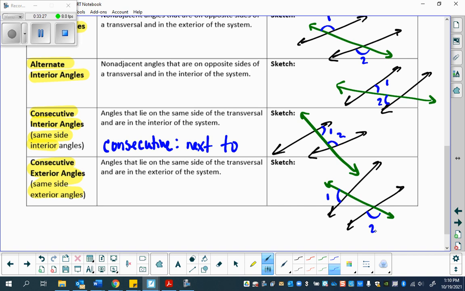And if I took these two things and I put this one here and this one here, what kind of angle pair are they? Who said corresponding? How come? Same side as the transversal and in the same position. All right? How about now?